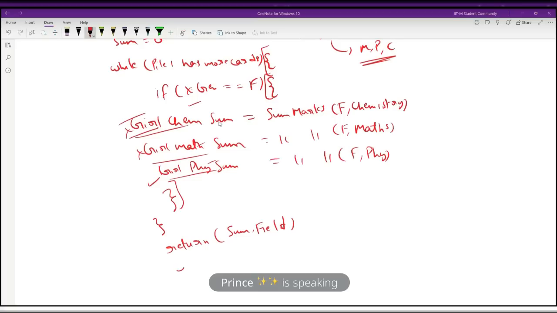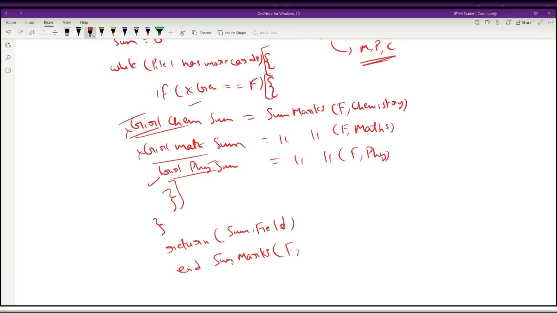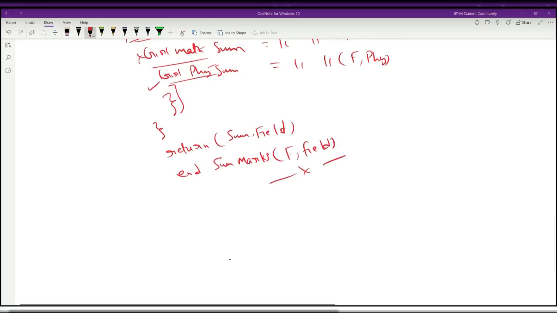What is missing here? We need to end the procedure. End sum marks f dot field, right? With this, the 2 parameters example has been completed.